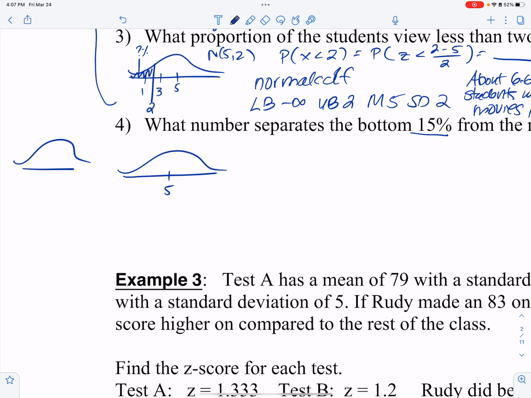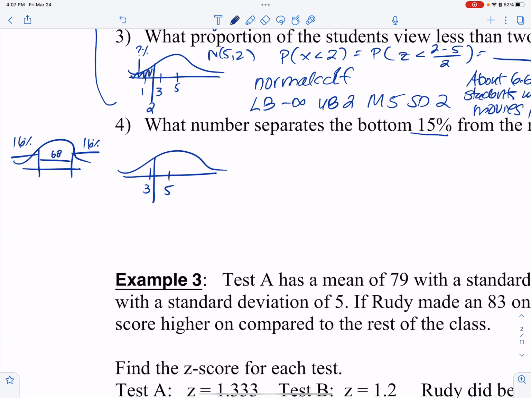So remember, 68, 95, 99.7, here is 68. And that means the rest on the outside is going to be 16, because 16 plus 16 plus 68 is 100. And so we do know that it's going to be right outside, a little bit greater than 3.